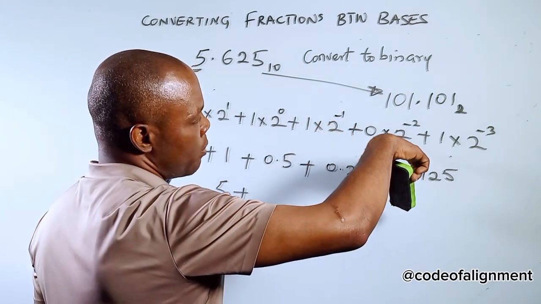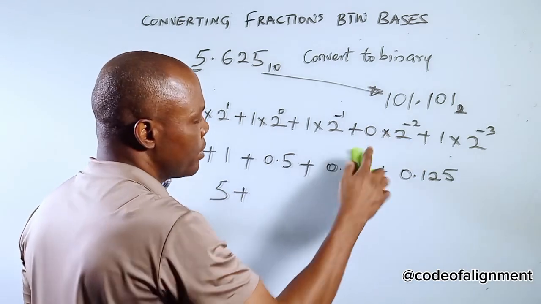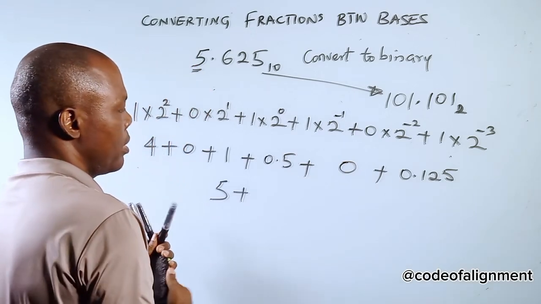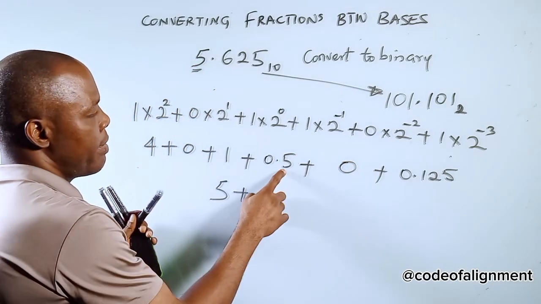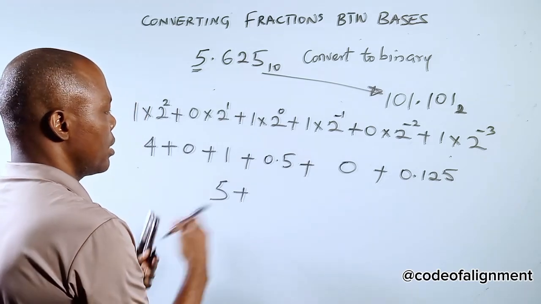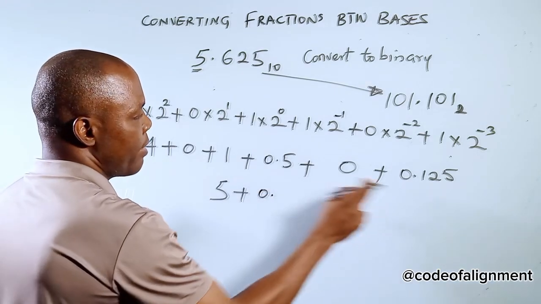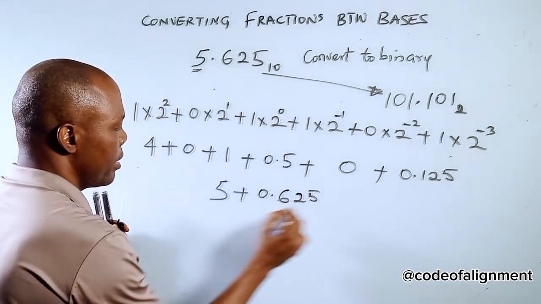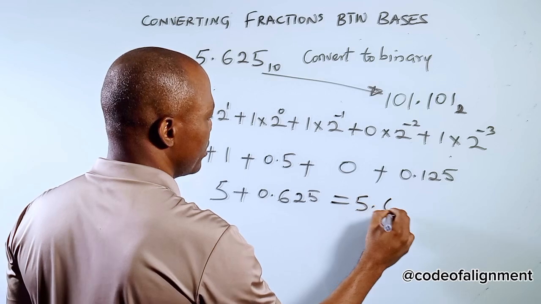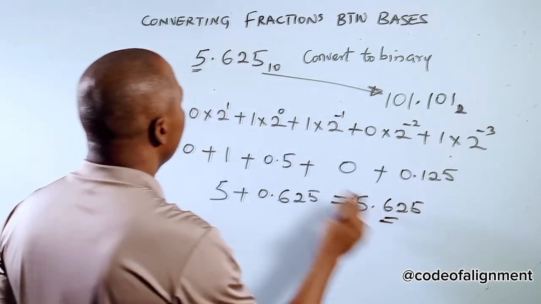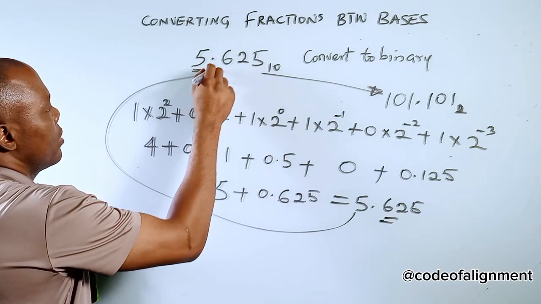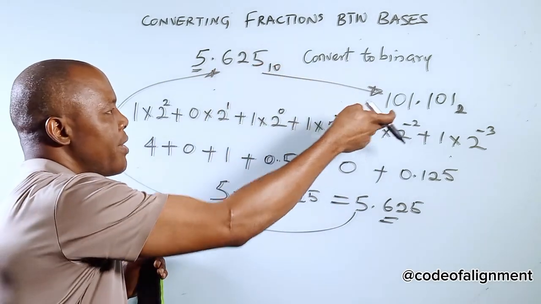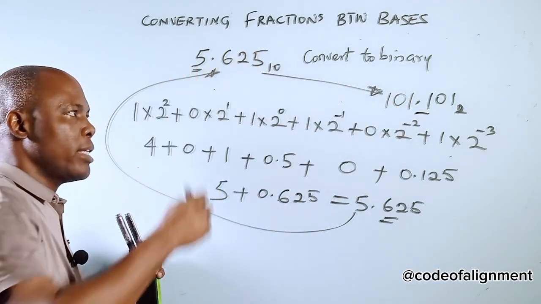This one is 2 raised to the power 0, 0.25 times 0, so this place is 0. So when we are adding it together, we get 5.625. So that brings us back to our original number, right? That is how you convert from binary back to decimal.